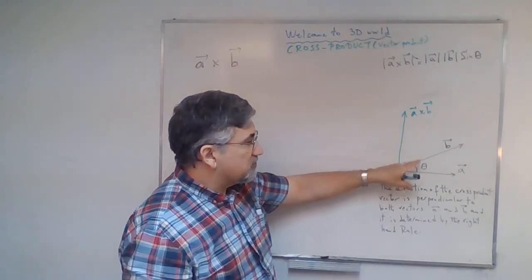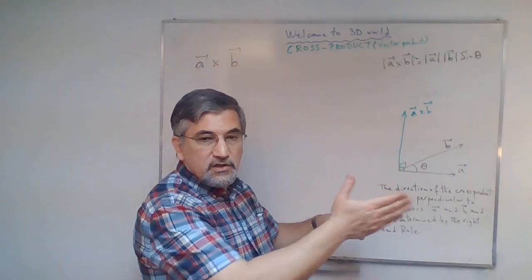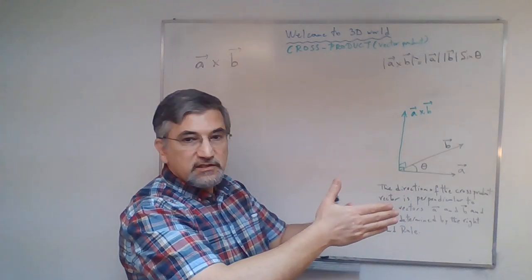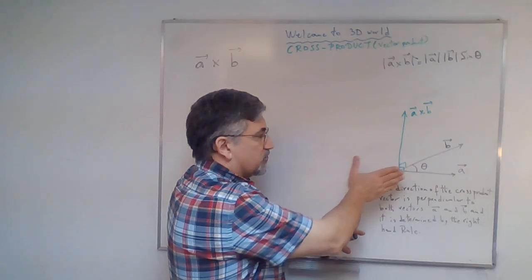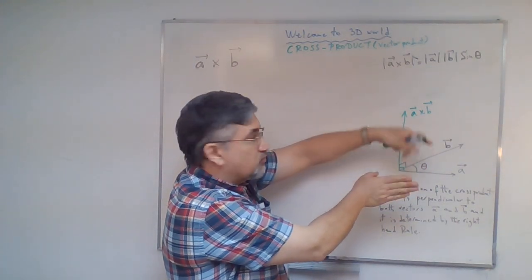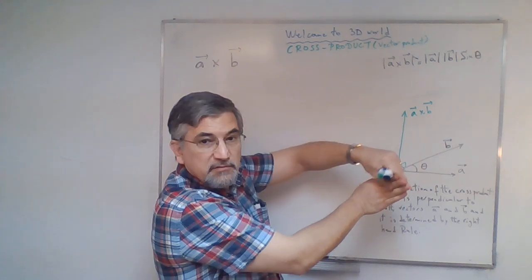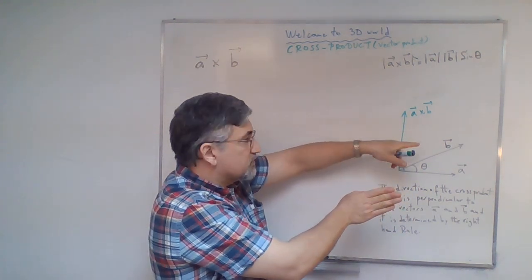Now, if I want to find B cross A, all right, then I have to keep my hand such that the four fingers will point towards vector B, so as it is, but then I cannot bend my fingers back towards A, right? Can anybody bend their four fingers backwards? No. So what should I do?